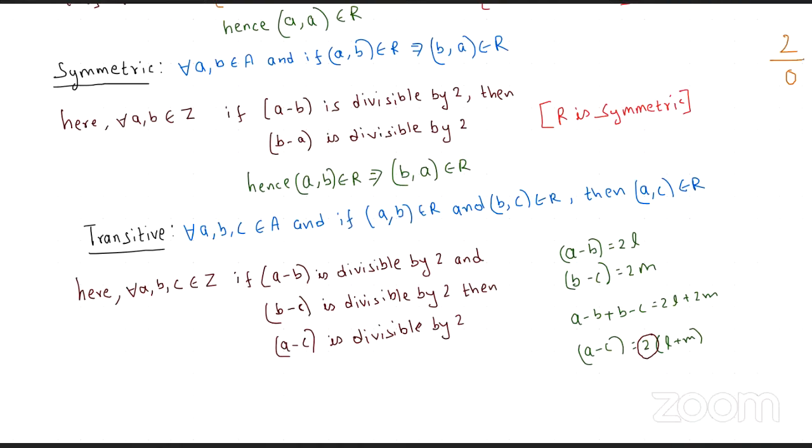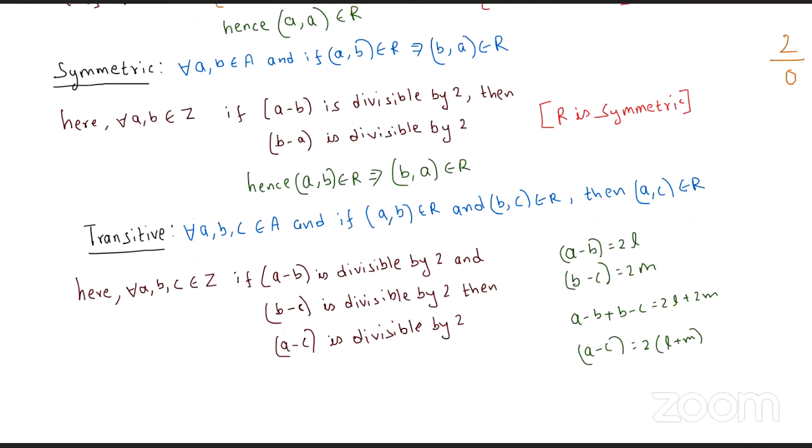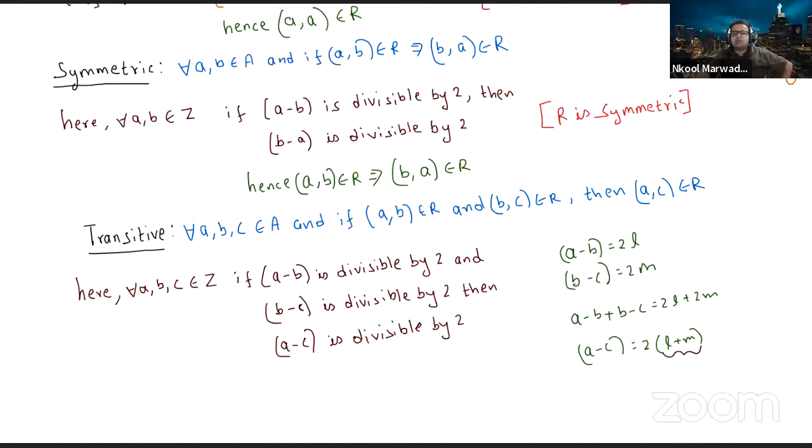So a minus c will always be divisible by 2, regardless of what L plus M is. L plus M can be any random number. Because of this 2, a minus c will always be divisible by 2, because there is always a scope to cancel 2. And hence we will say that it's divisible by 2.